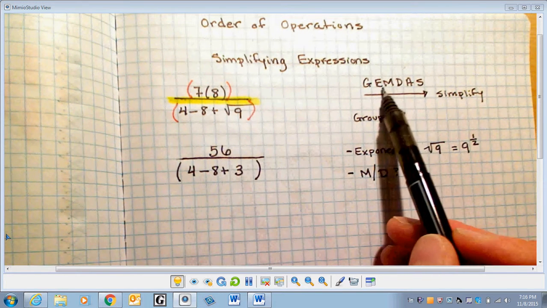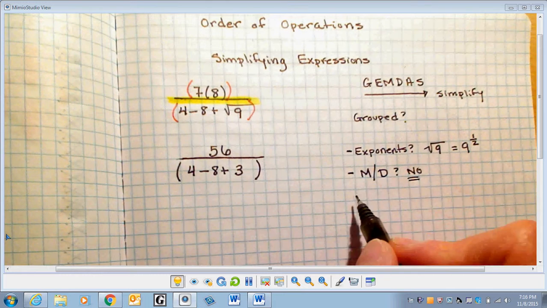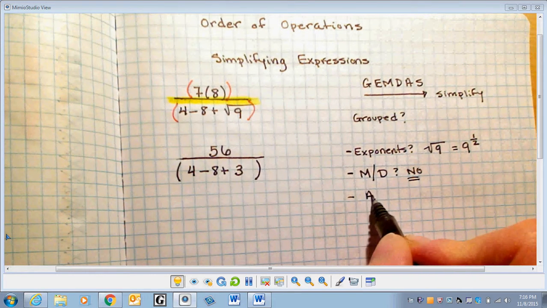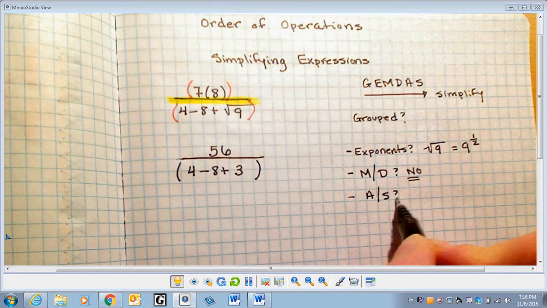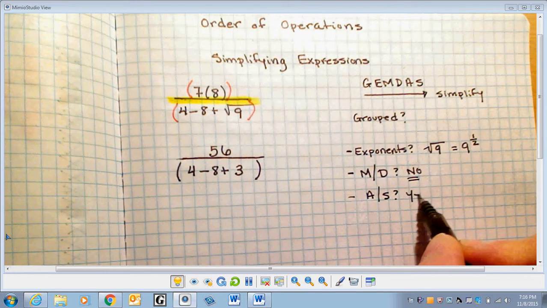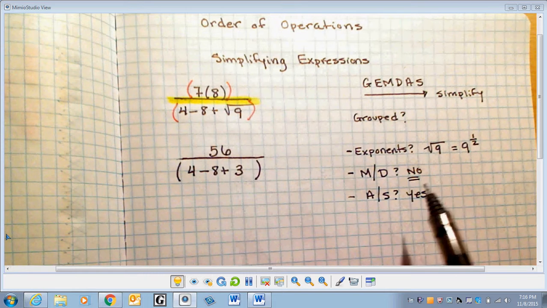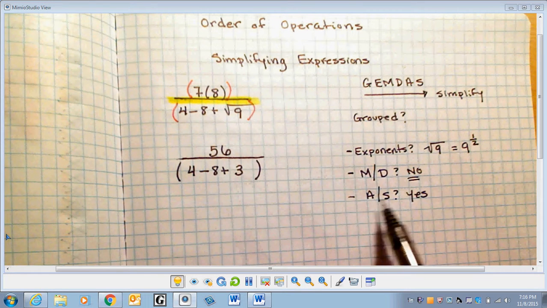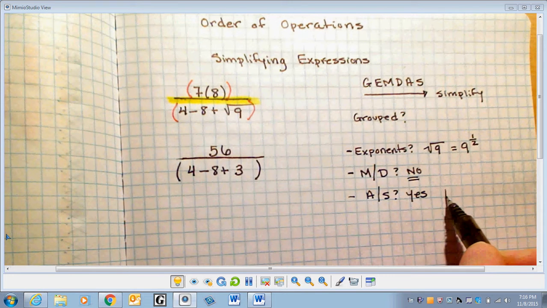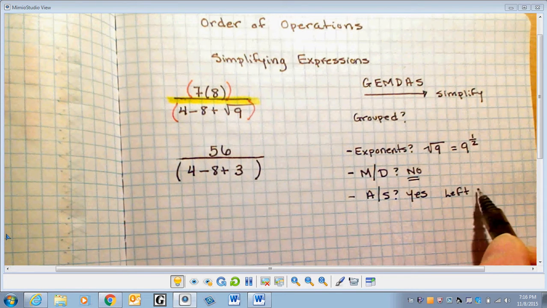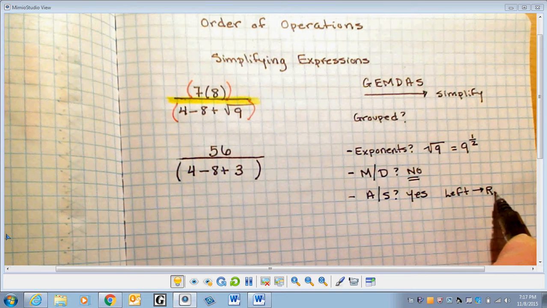Then the next thing I ask myself, is anything being added or subtracted? And the answer is yes. We have addition or subtraction going on. Because these have equal significance, we're going to do this from left to right in the order in which it happens.